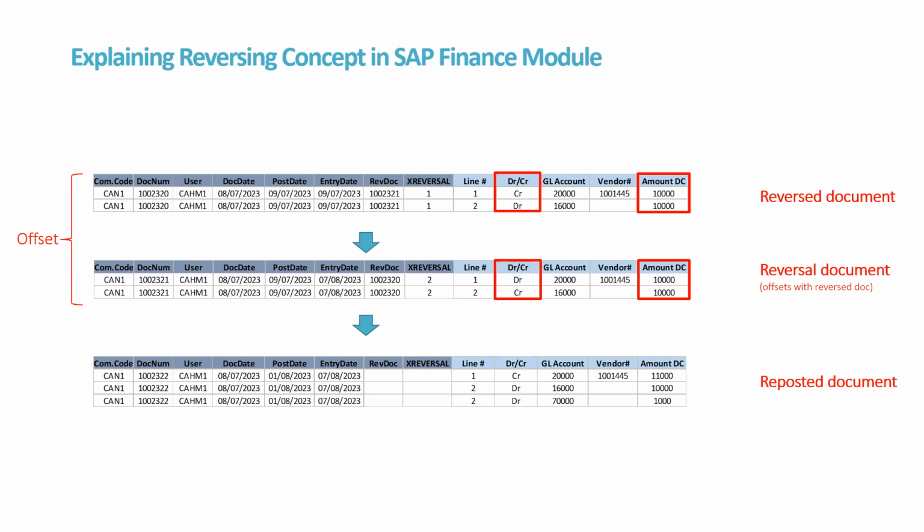As we mentioned earlier, reversal document line amounts offsetting and nulling reversed document lines. In this scenario, credit 10,000 amount gets offset with debit 10,000 and vice versa.